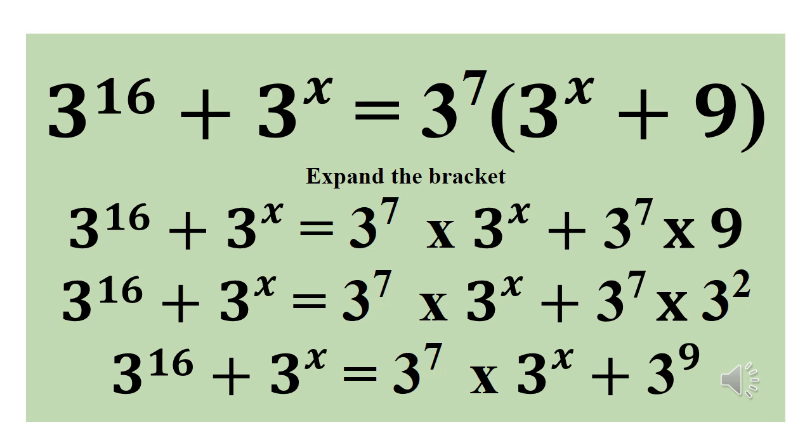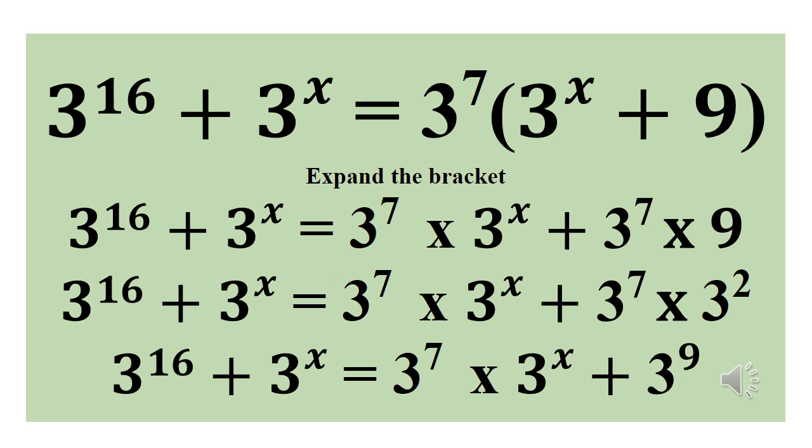So from here we can expand the bracket. So we have 3 raised to power 16 plus 3 raised to power x equals 3 raised to power 7 multiplied by 3 raised to power x plus 3 raised to power 7 again multiplied by 9. Because that 3 raised to power 7 is multiplying everything inside the bracket on the right side of the equal sign.